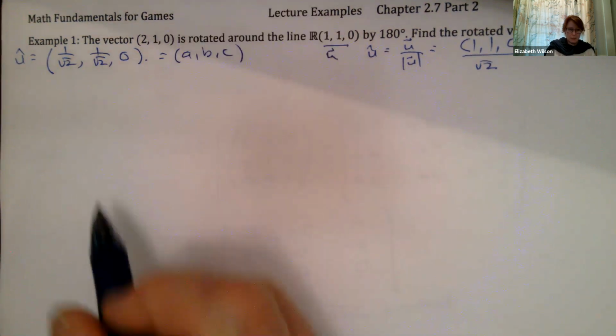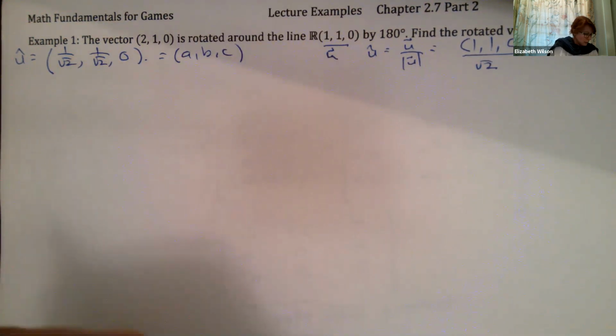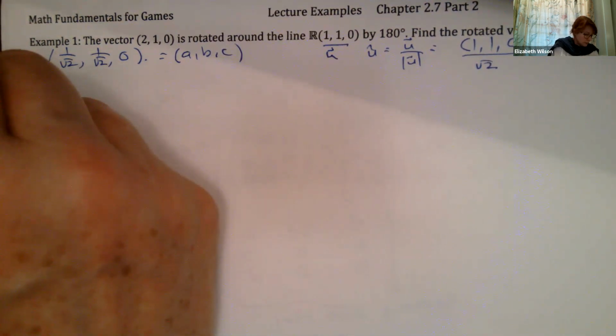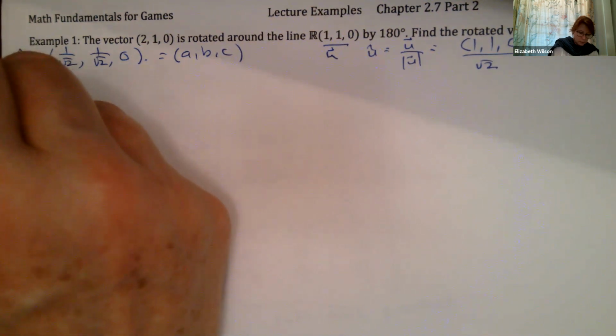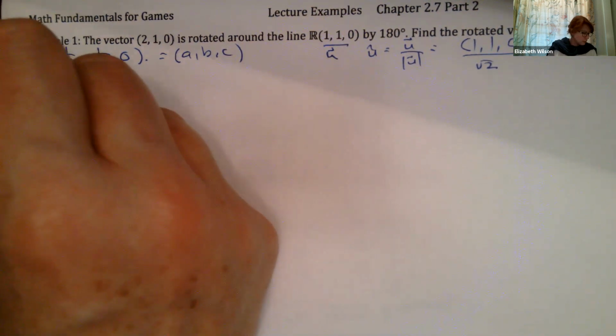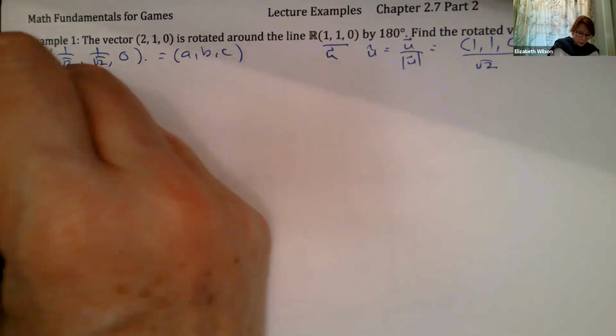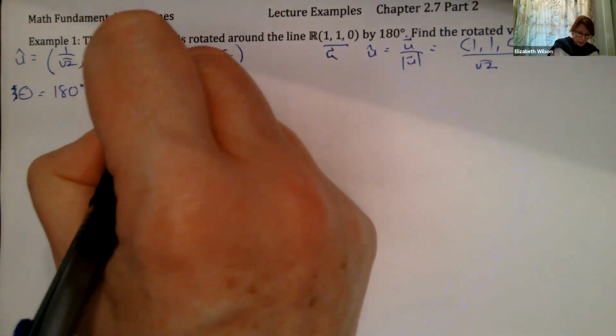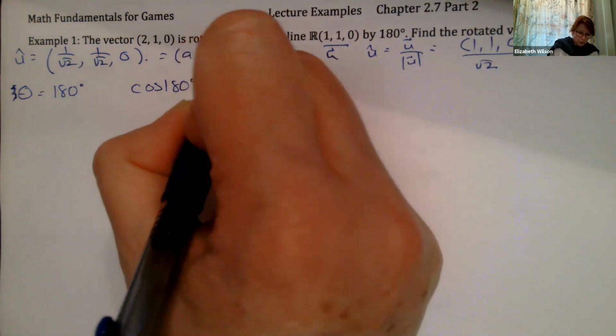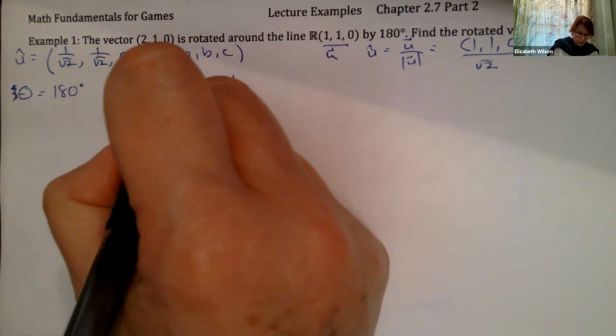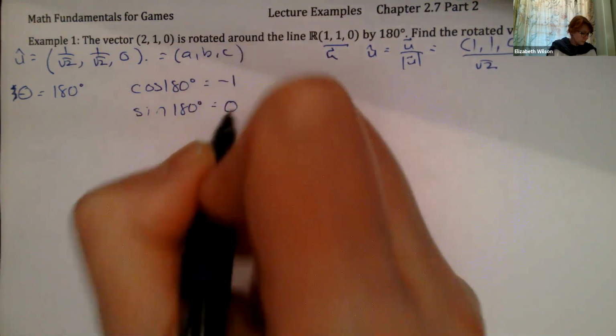So my A, B, and C get assigned this way. My theta equals 180 degrees. Let's just prefetch this: the cosine of 180 degrees equals -1, and the sine of 180 degrees equals 0.